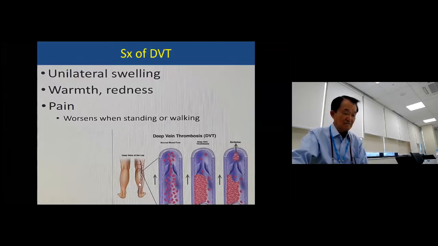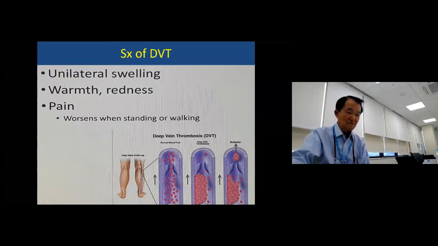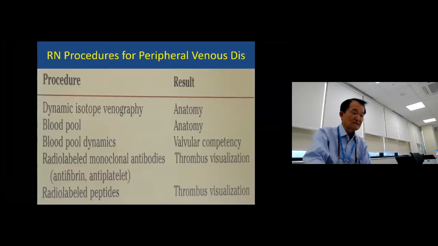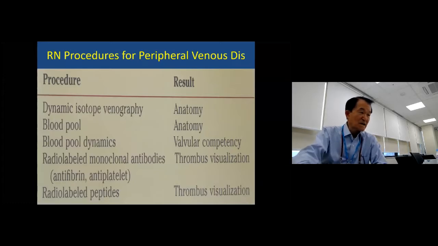Here, this varicose vein type of thing should flow easily, but if there's a blood clot obstructing, it causes swelling, and then the bigger problem is developing tumor emboli.